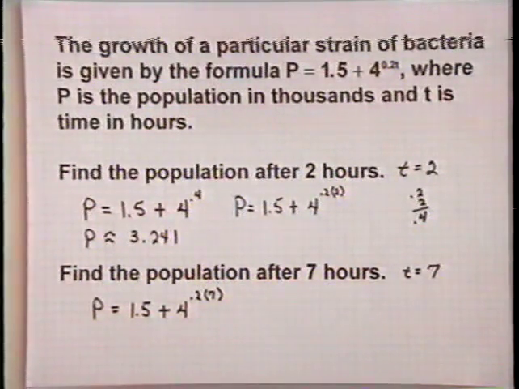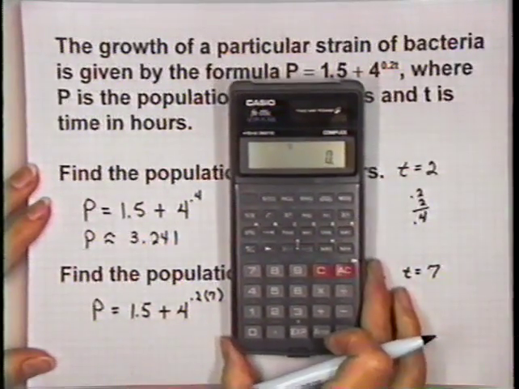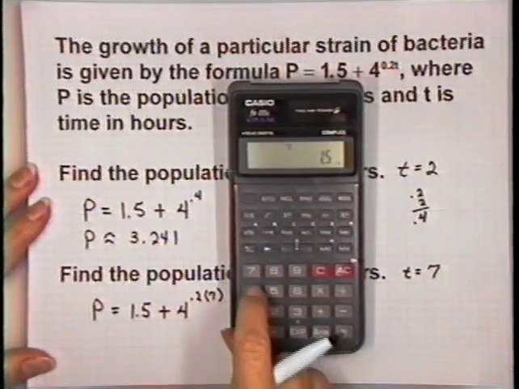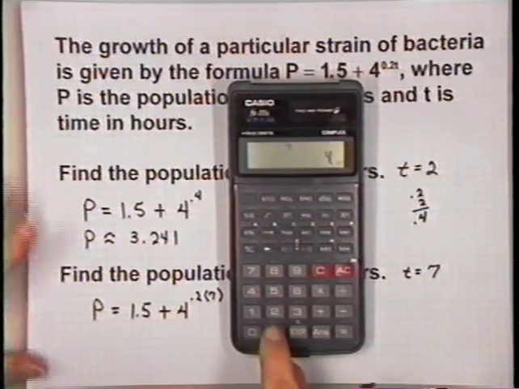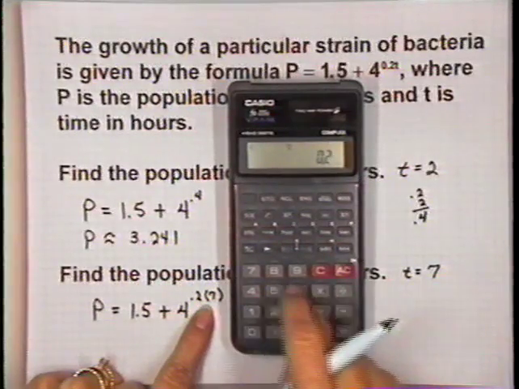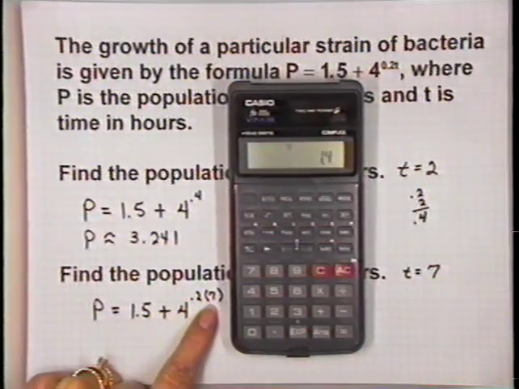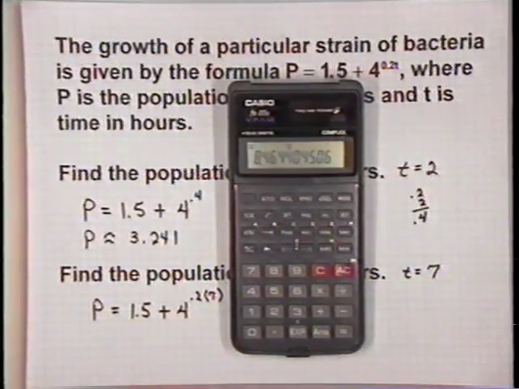Okay, so I'm going to do this one kind of like we did that second example a while ago. 1.5 plus my base of 4, use my x to y. I now need to enter my exponent, but I need to do a calculation. So parentheses, 0.2 times 7, close your parentheses, and see that did that for me, 1.4. Now hit equal to complete the calculation.